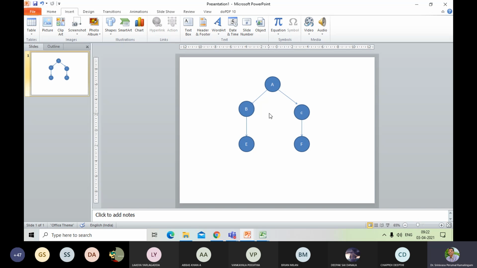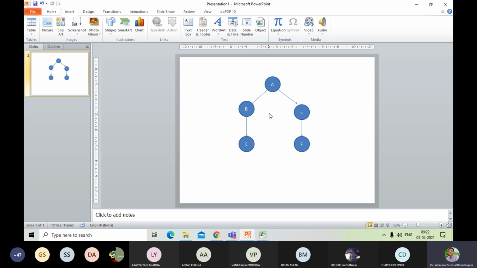First it goes to the left hand side, so B will be checked first. Once B is over, then E, then C, then F. If it is depth first search: A, B, E, C, F. This is the way the elements will be checked. But if it is breadth first search: first A, then B, then C, then E, then F.